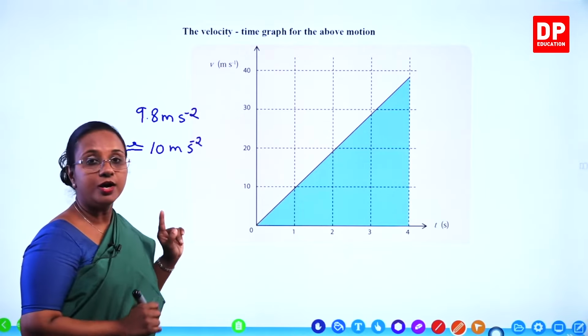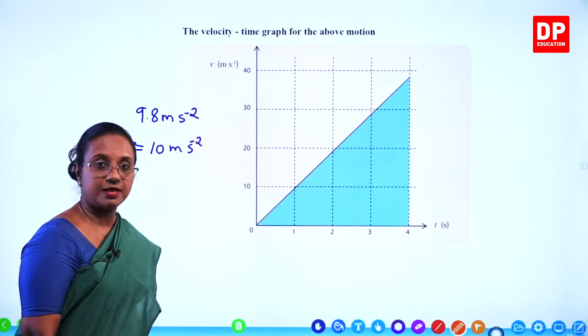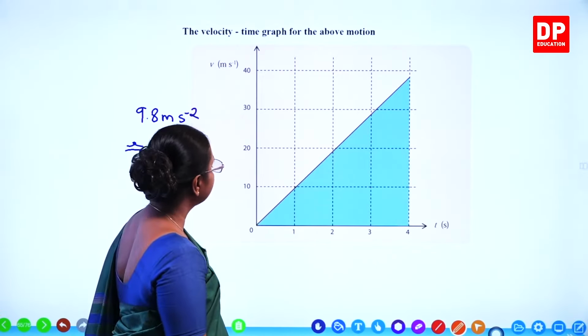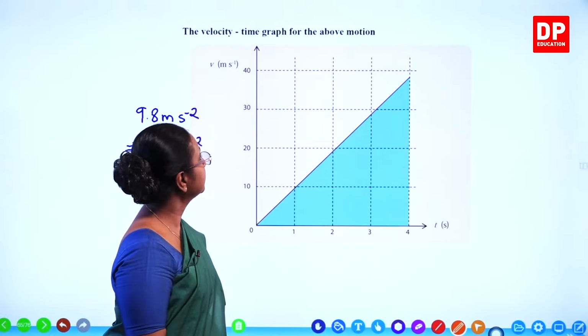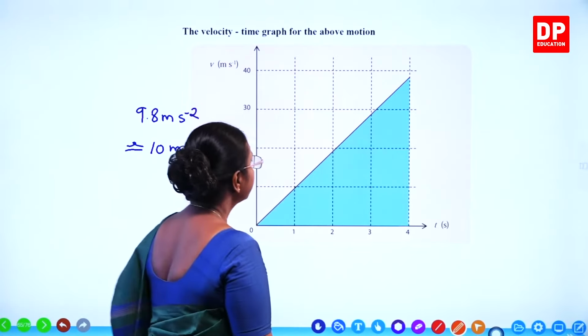That is for calculations. If we consider it as 10 meters per second squared, for each second, the velocity will increase by 10 meters per second. But here, the correct value is given to you.